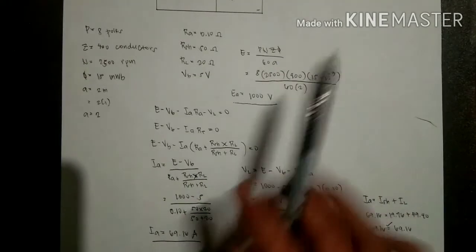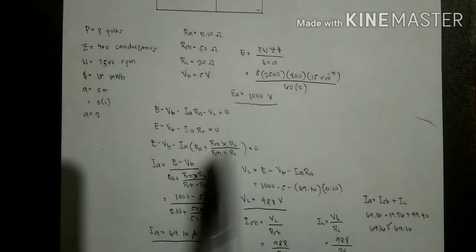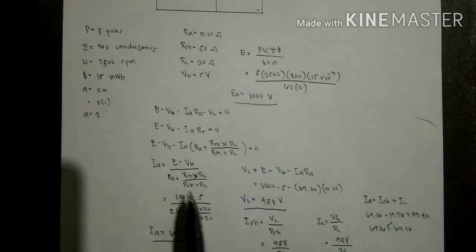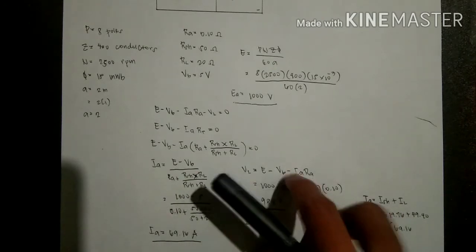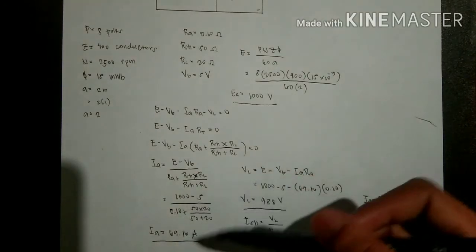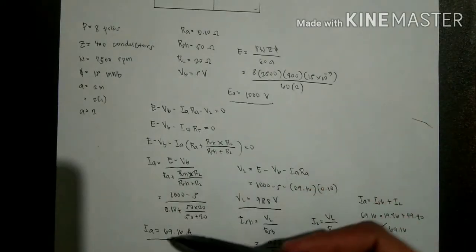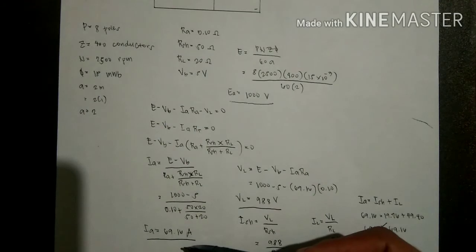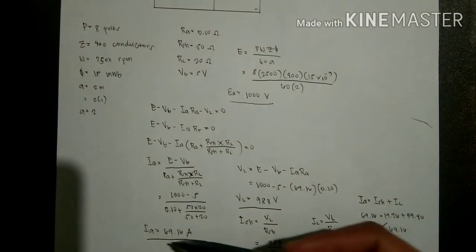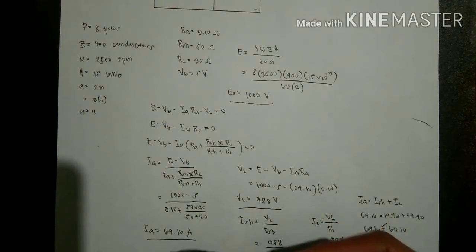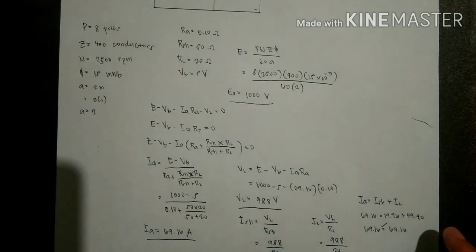Since we now have the values of the said variables, we simply substitute. After substituting all the values, we have our IA, or the armature current, which is equivalent to 69.16 amperes.